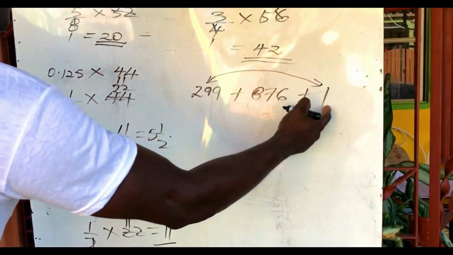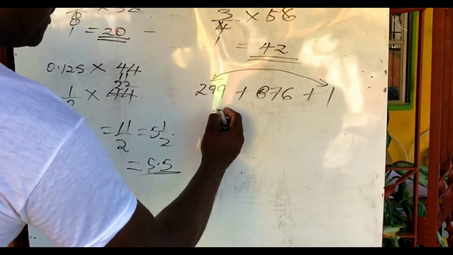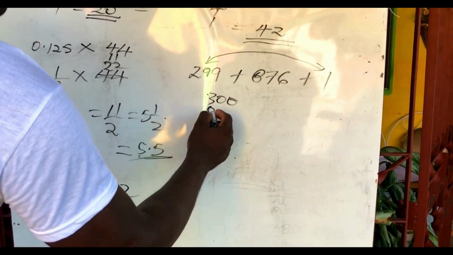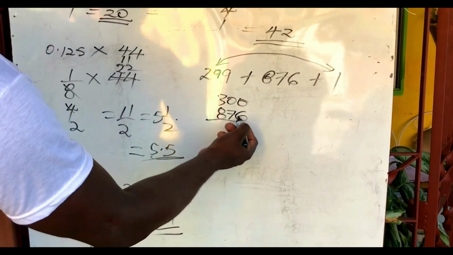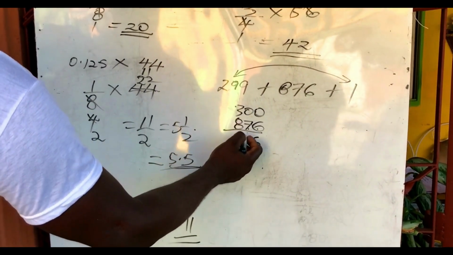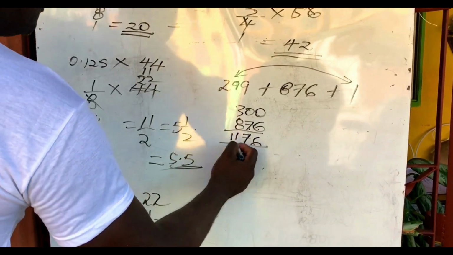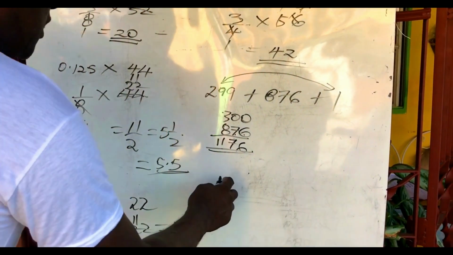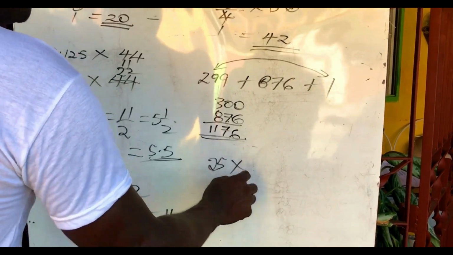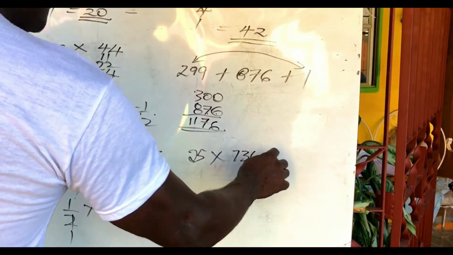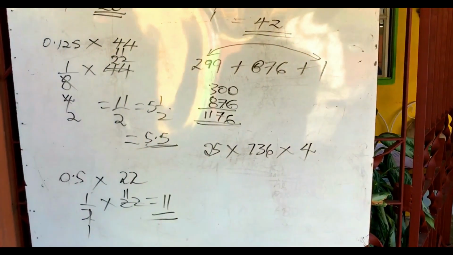So we could add 299 and 1, we get 300, so it's 300 in our head, plus 876. We add our digits here, 6 plus 7 is 7, 8 and 3 is 11, so we get 1176 easily.